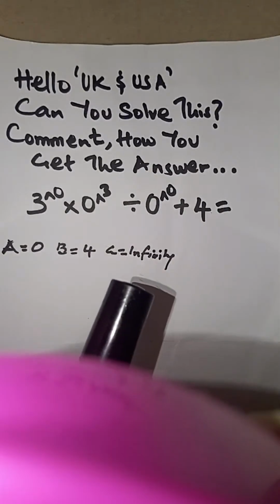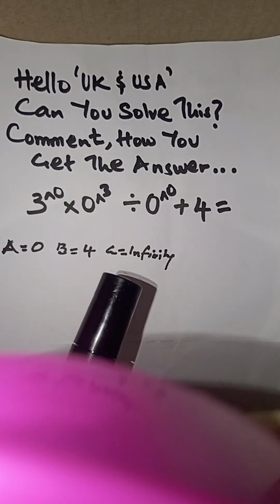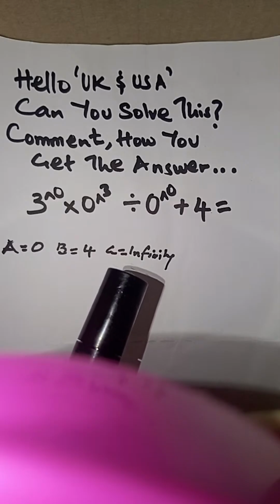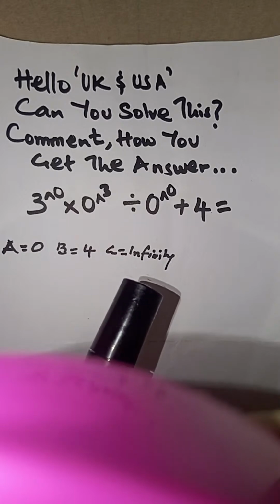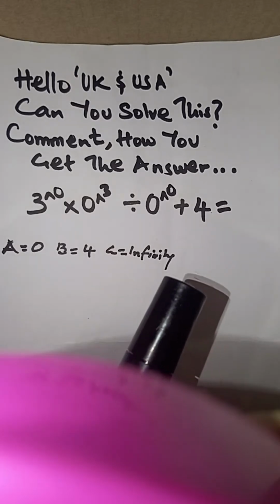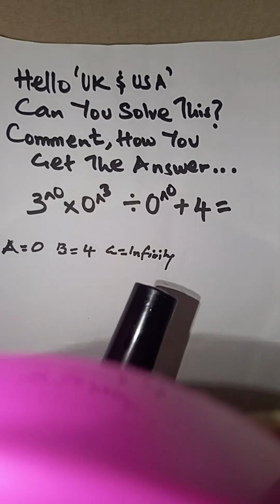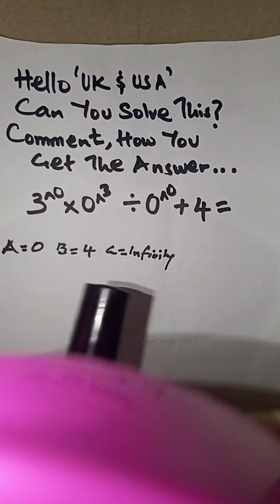Borcuse is saying you're welcome, and you're agreeing that 1 times 0, of course, is 0 divided by 1. You're going to get your answer as 4. And your argument is that anything to the power 0 is 1. Yes, indeed, anything to the power 0 is 1.